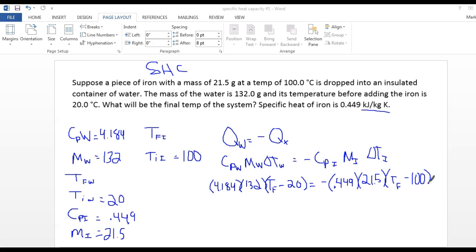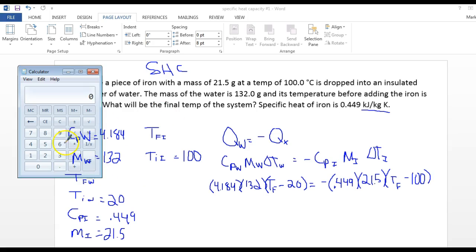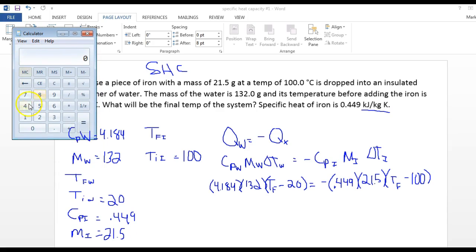So if I get my calculator out here, and I take 4.184 times 132, that gives me 552.288.